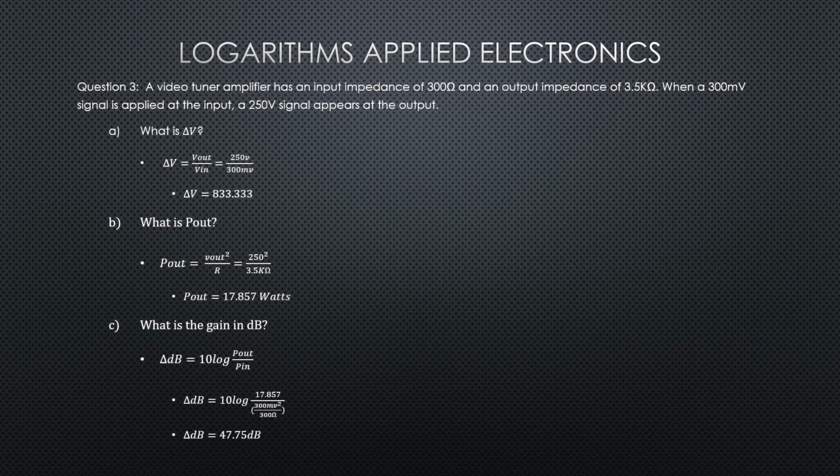Now we need to find our power in, which is V squared divided by R. So we're going to use our voltage in, 300 millivolts squared, divided by our Z in, our input impedance of 300 ohms. And we're going to divide 17.857 watts by that number, take the log of it, multiply that by 10, and that gives us our gain in dB of 47.75 dBs.